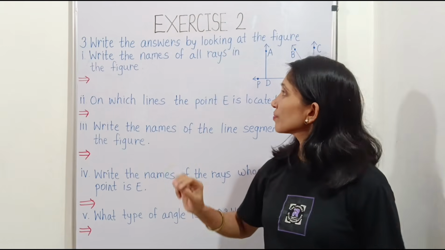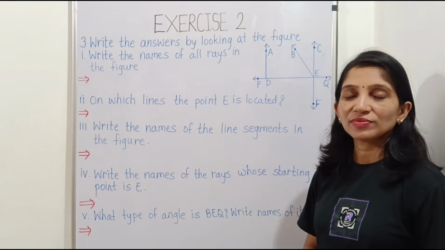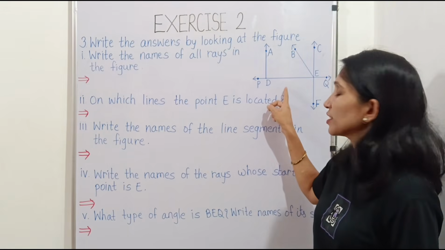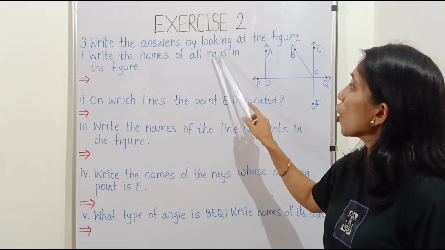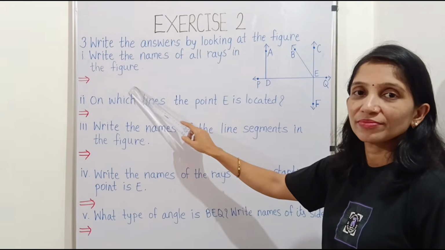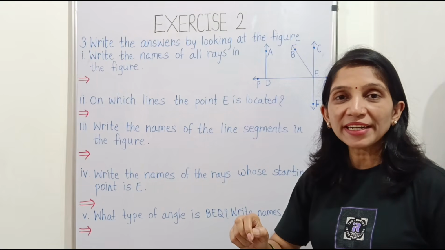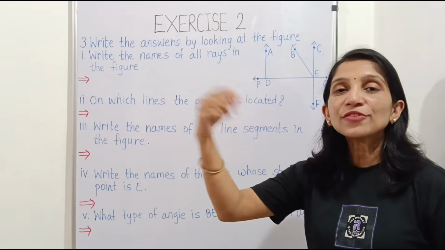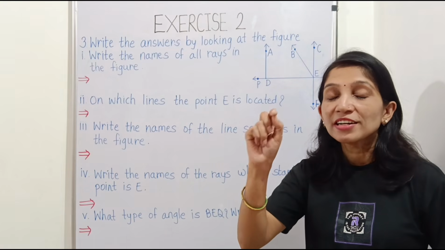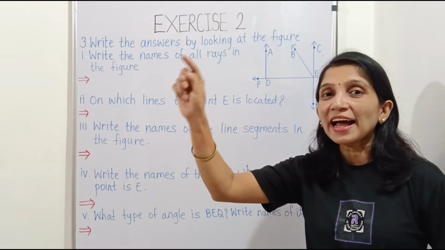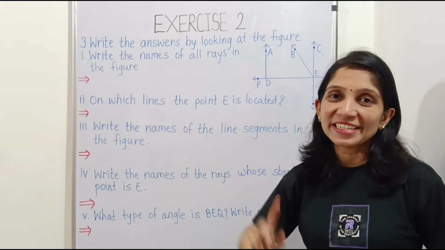Mission 3: write the answers by looking at the figure. First, observe the figure. First question is write the names of all rays in the figure. See, ray means what? Starts from one point and extends infinitely in other direction. So points refer to origin and arrow refers to other side which can extend.